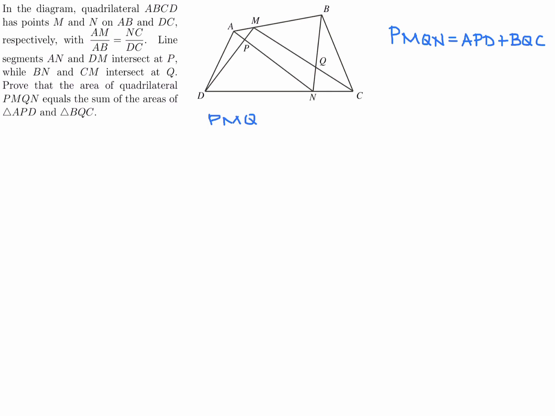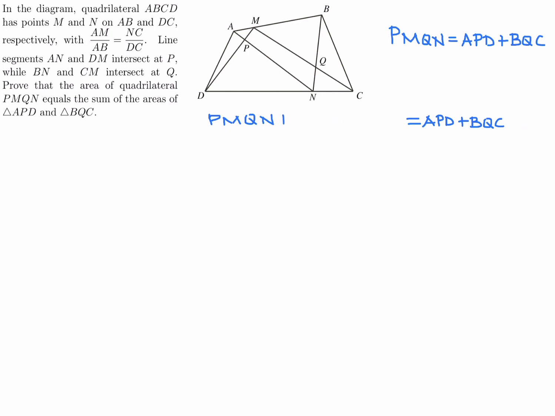PMQN, if I'm going to prove that, is equal to this, well, I can just add a few things on either side. So let's first put in the APD plus BQC, right? That is definitely valid because that's what they want us to prove. But if I put, let's say, a plus 3 here and a plus 3 here, that's also valid as long as I add it to both sides.